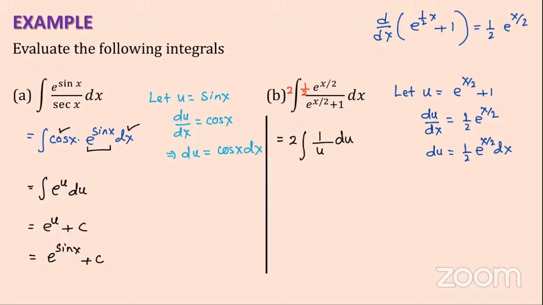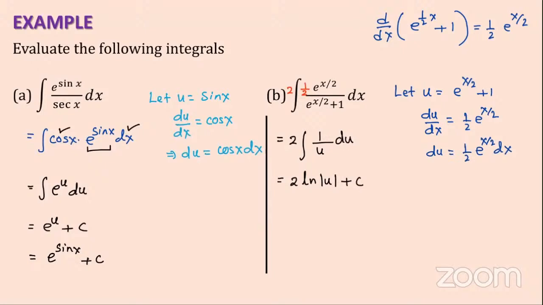U substitution. So 2 is outside, we can keep as it is, and then we have the integration of 1 over u. We know that the derivative of natural log is 1 over u, so that becomes natural log. I can write this as natural log of the absolute value of u plus c. We need the absolute value because we don't know whether u is positive or negative.